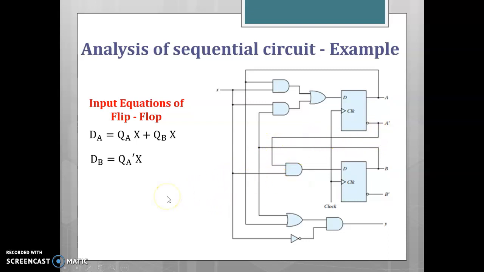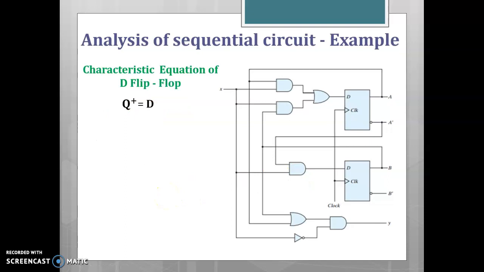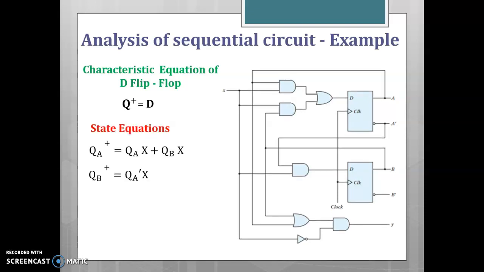So the next step is to write the next state equation. For the D flip-flop, the next state equation is the same as the input equation of the D flip-flop. So here Q plus is equal to D. QA plus is the same as DA, and QB plus is the same as DB.